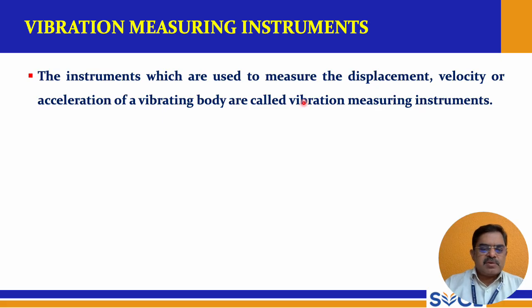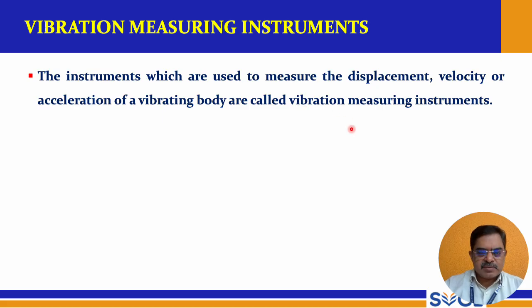So these are the instruments exclusively used to measure displacement, velocity or acceleration. These are differential terms. If you differentiate displacement, you will get velocity. If you differentiate velocity, you will get acceleration. These differential terms of a vibrating body are measured by vibration measuring instruments.